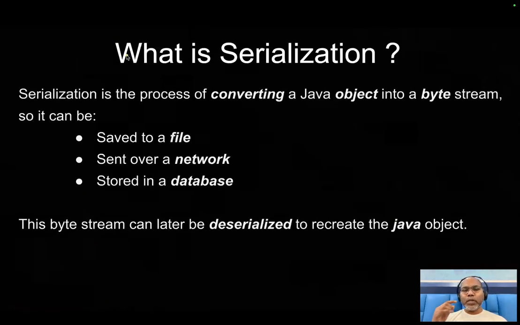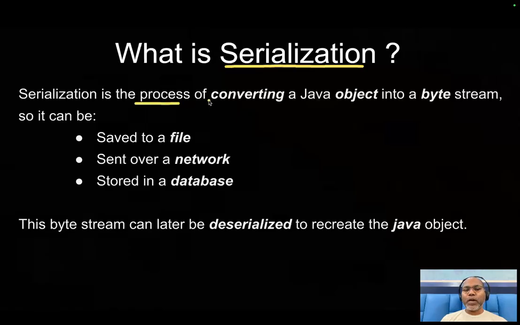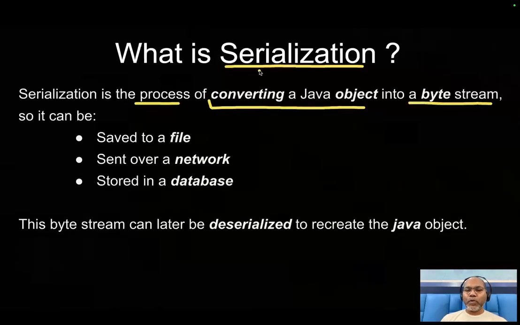As we talk about serialization, as I already mentioned, serialization is the process of converting a Java object into a byte stream. What do you mean by byte stream here?